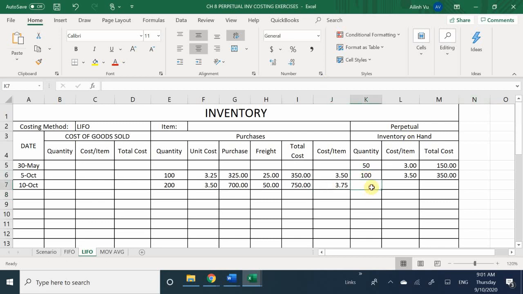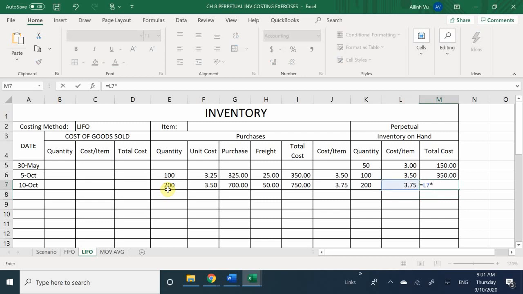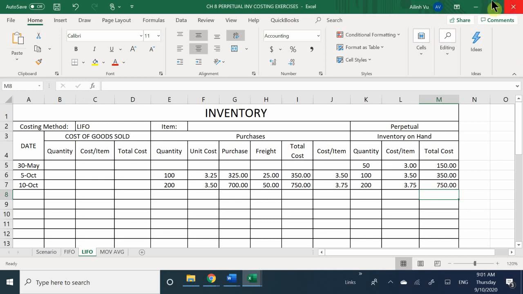Good. All right. So 200 at 375, that's going to cost me $750. Good. So now we have a total of 350 items in your inventory.